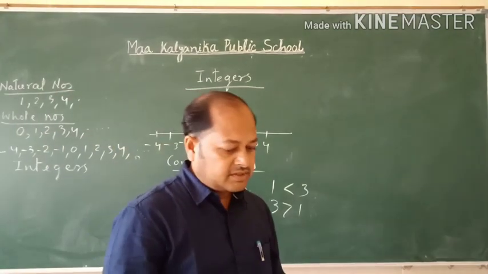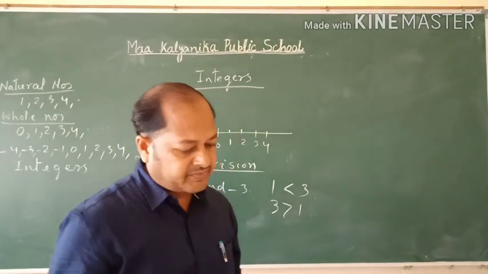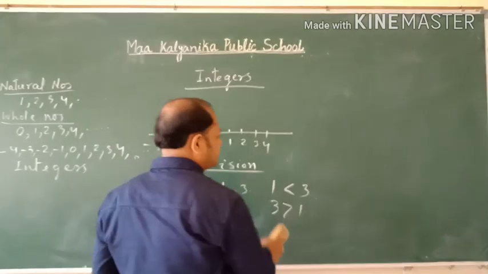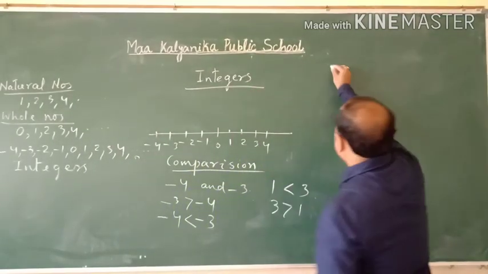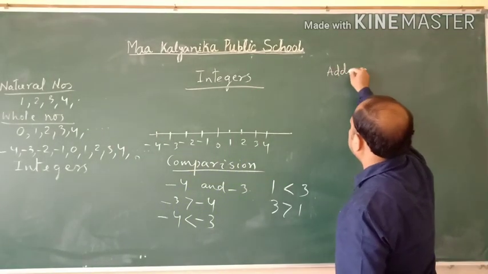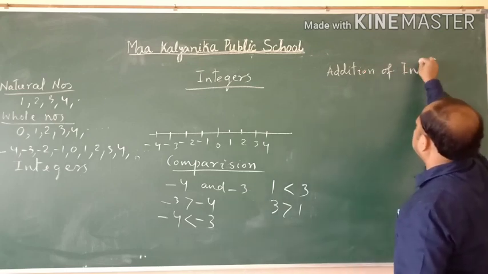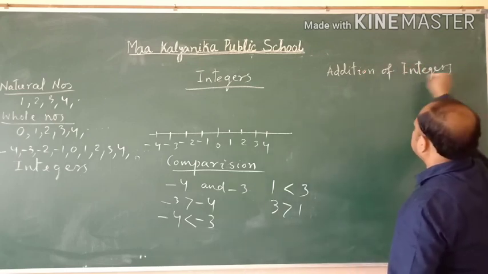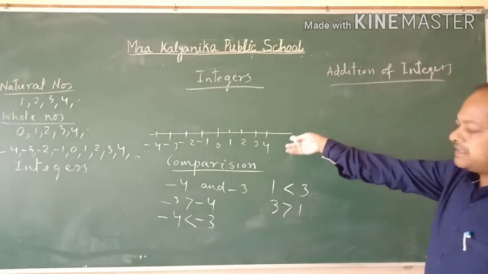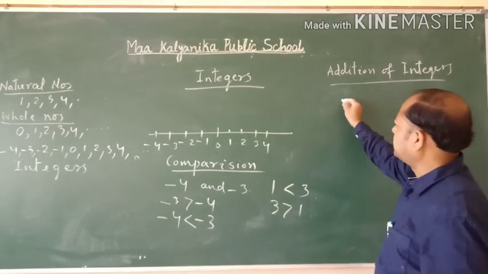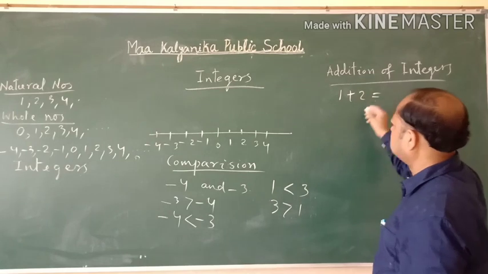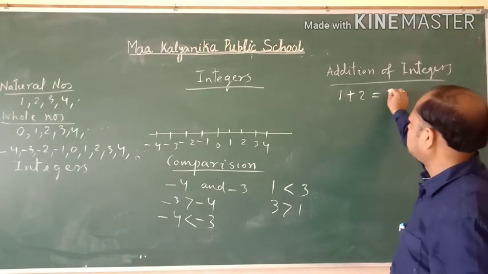Now we see what is addition of integers. Any integers you can add, for example 1 plus 2. What is the addition of 1 plus 2? That will be 3.